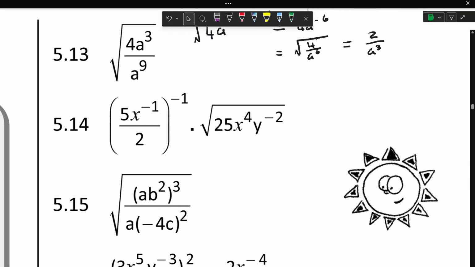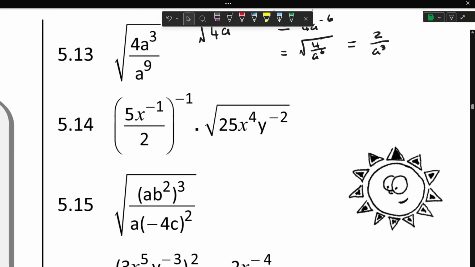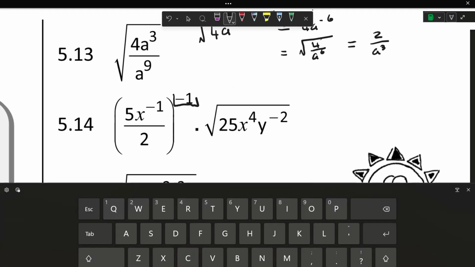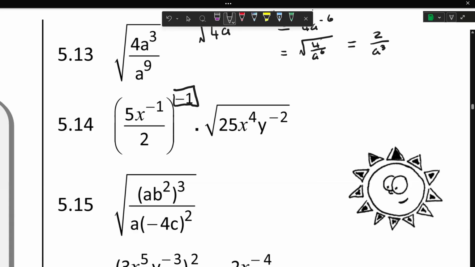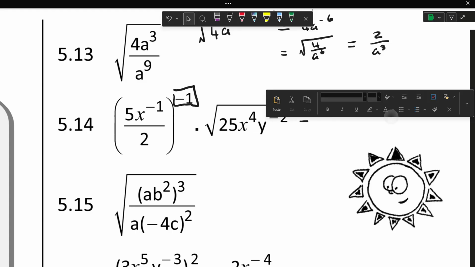And then we're going to move on to the next problem. And if we see a negative exponent like this, we can take this whole fraction and flip it upside down. So this is going to be 2 over 5x to the negative 1. And then there's also another option here. I think I'm going to do that one because it looks nicer, and I think it'll take less time for us.